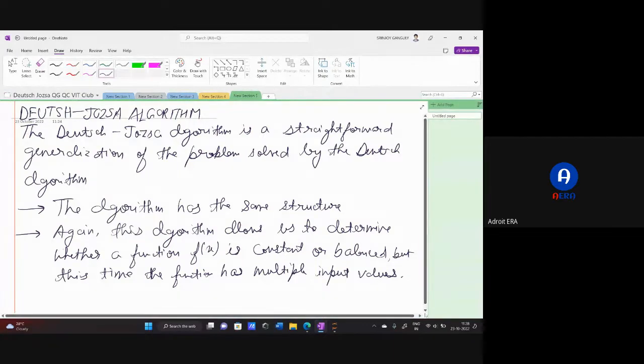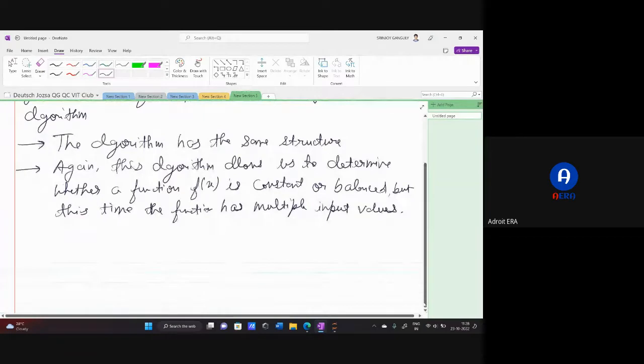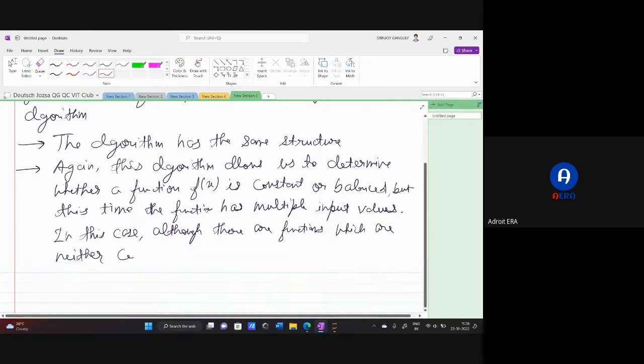Therefore, in this case, there are functions which are neither constant nor balanced. So there is another possibility in this case.